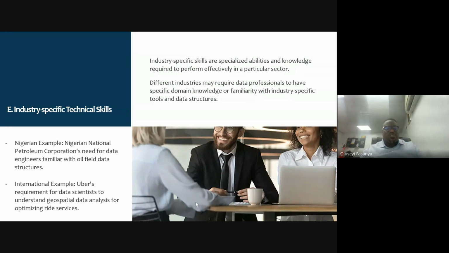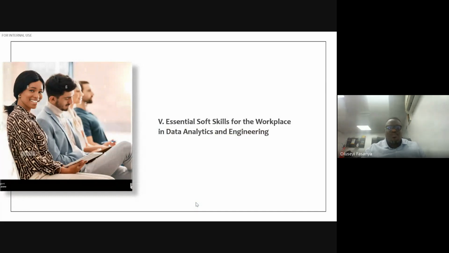On the international space, Uber requires data scientists to understand geospatial data analysis for optimizing ride services. So it talks to the fact that there are varied kinds of technical skills that may be required across varied sectors. But of course, once you begin to have such opportunity, or you decide you want to narrow your focus to a particular industry, then you begin to understand that you need to acquire some of those data skills that are tailored specifically for such industry.